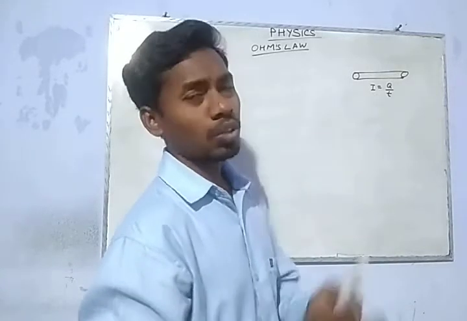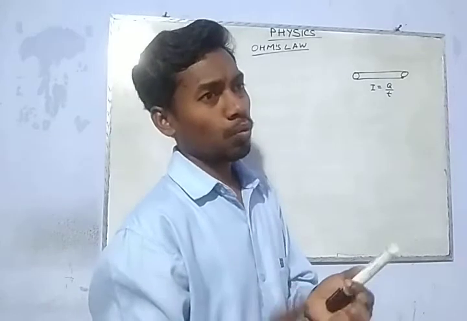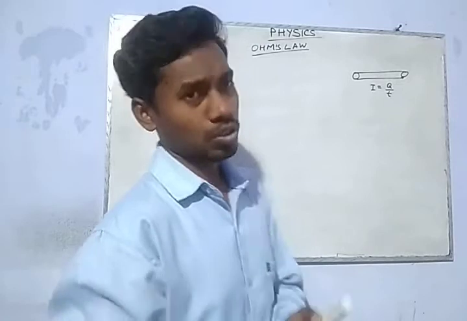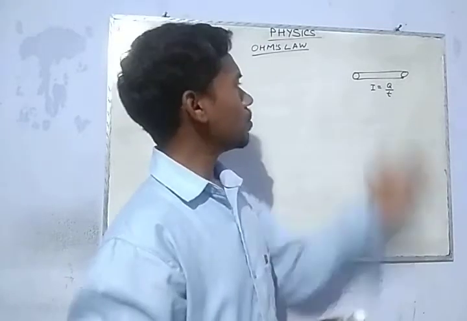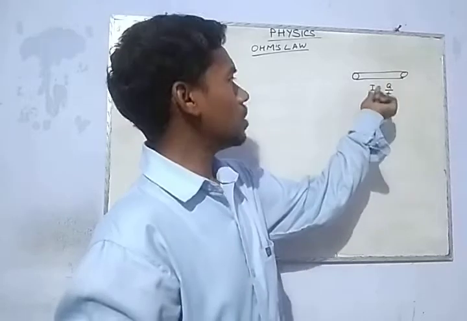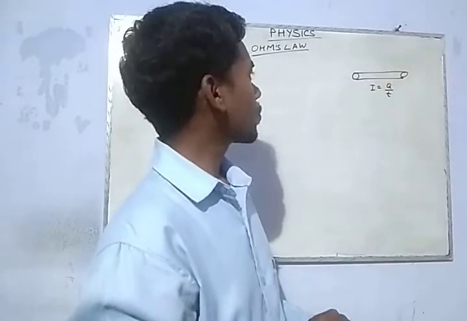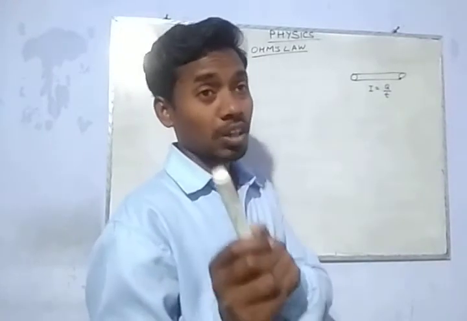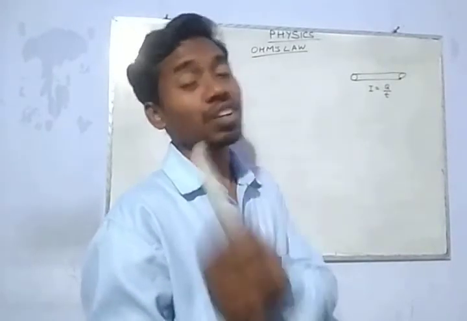And how does charge flow? Charge flows when the electrons flow, because the charges are in the electrons. Okay, so in a way we can say the rate of flow of electrons, it is called current. But how does an electron flow? That we talked about, when we were talking about electric potential.